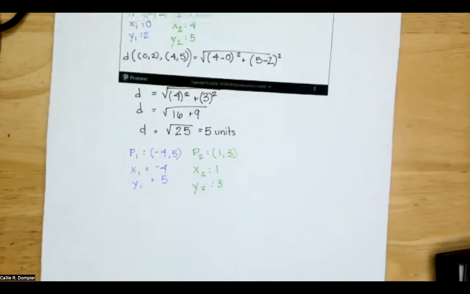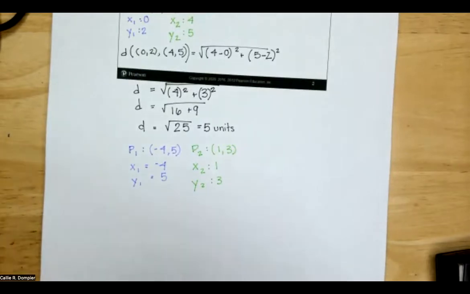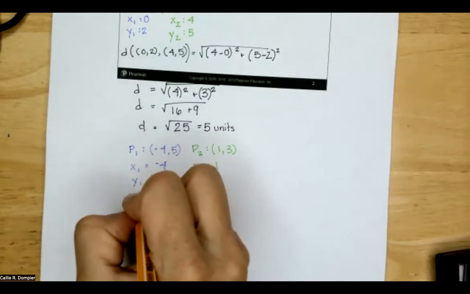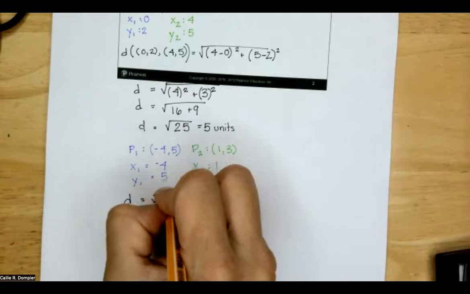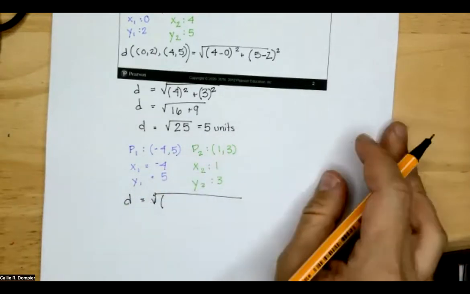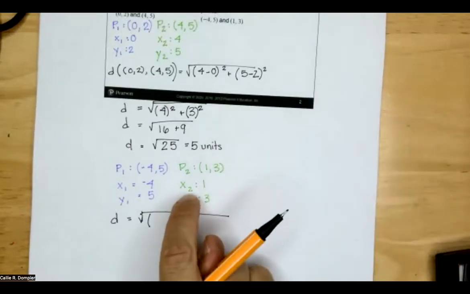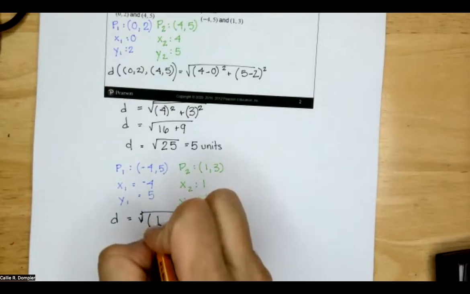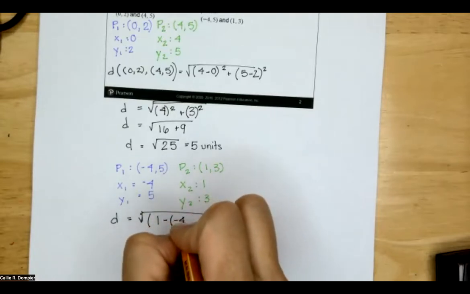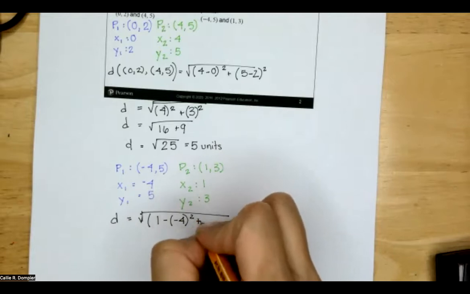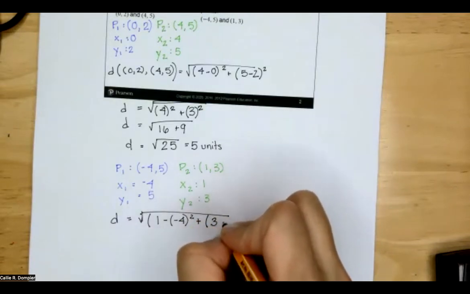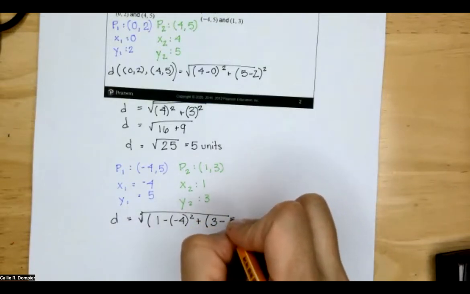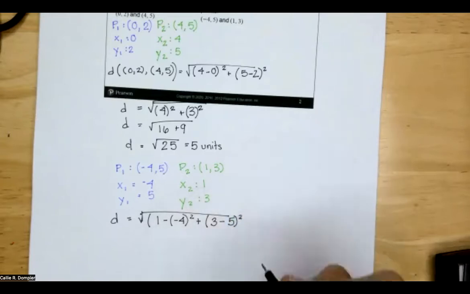You don't have to do all these steps. It's just that I make fewer mistakes if I do. So distance is the square root of X sub 2 minus X sub 1, so that's 1 minus negative 4 squared, plus Y sub 2 minus Y sub 1 quantity squared.